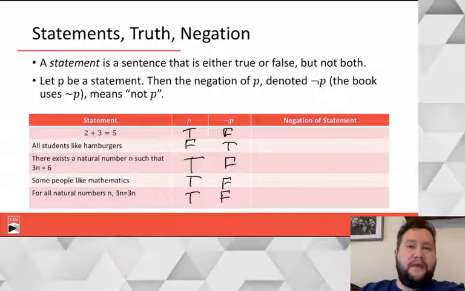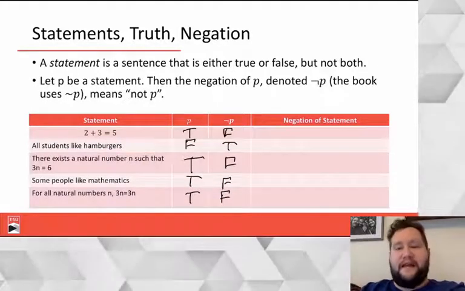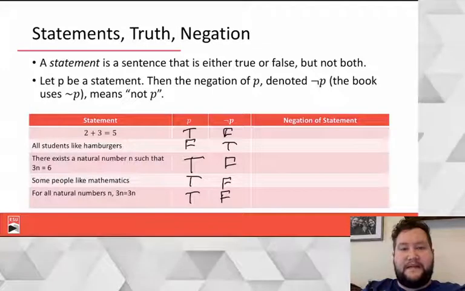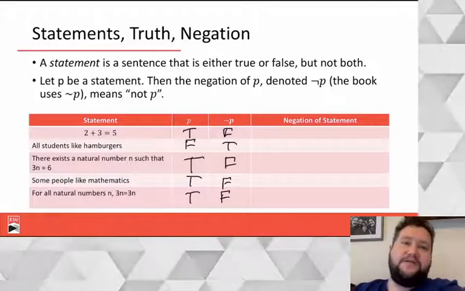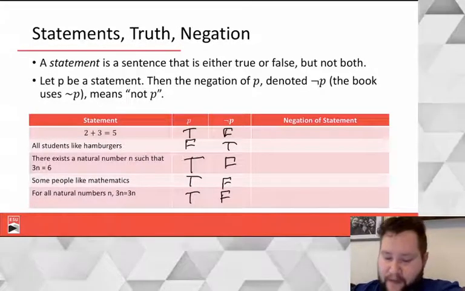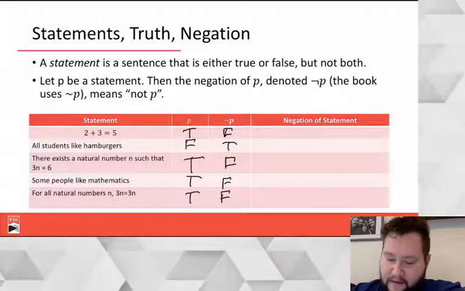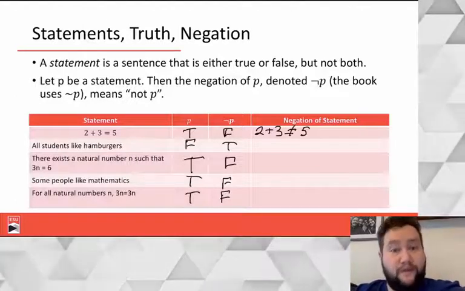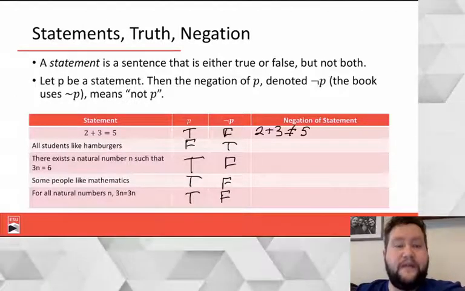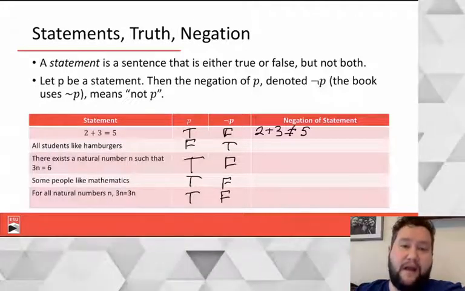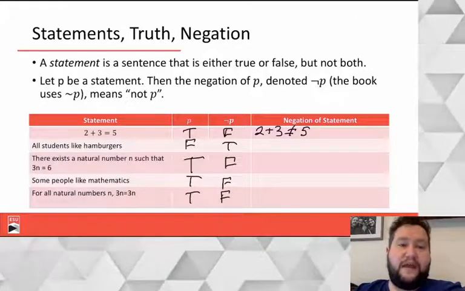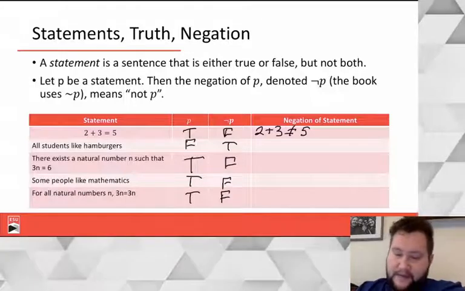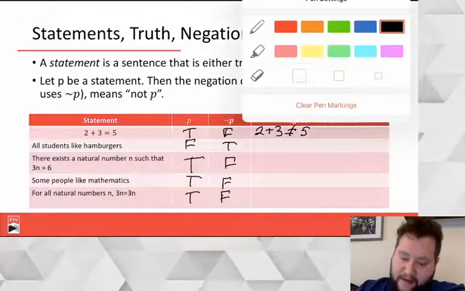Now, let's try to translate these statements into the negation. So 2 plus 3 equals 5. Well, we could say 2 plus 3 does not equal 5, which is a false statement. There exists a natural number n such that 3n equals 6. And so it's important, and I'm going to write this in a different color.